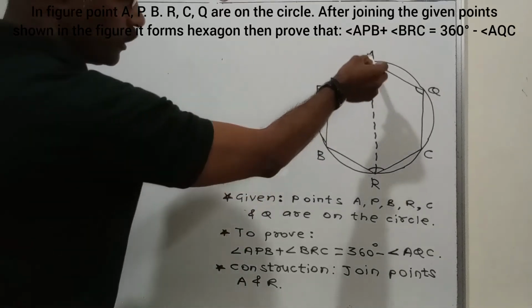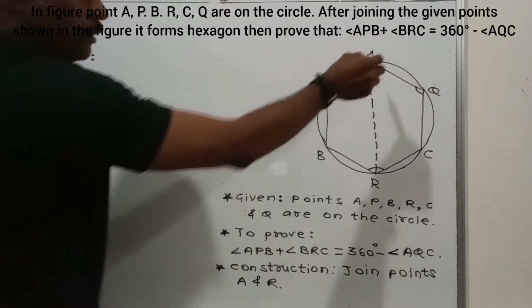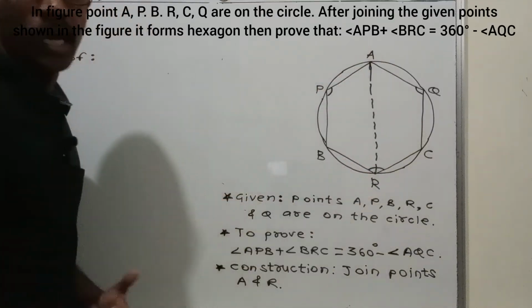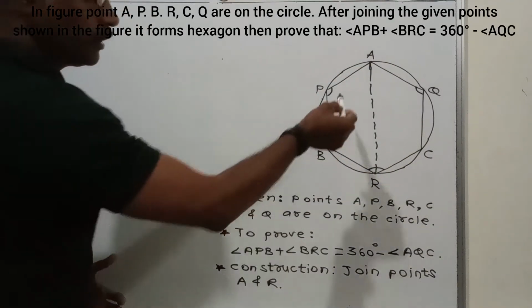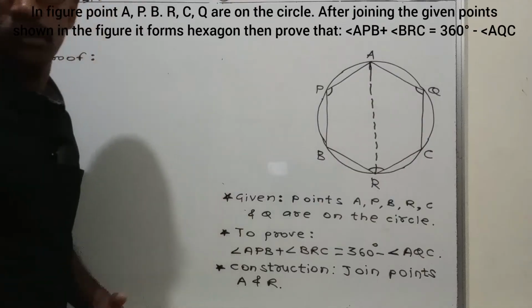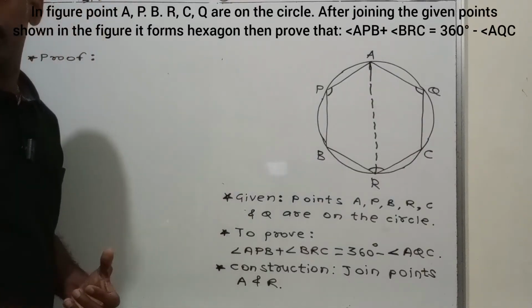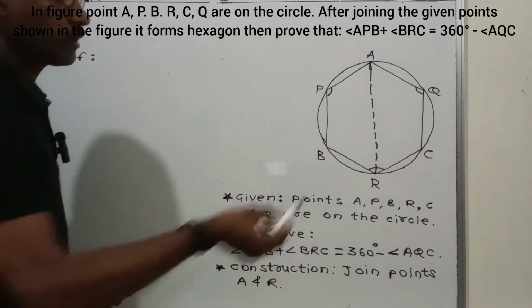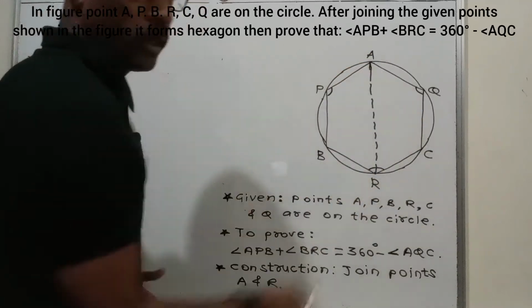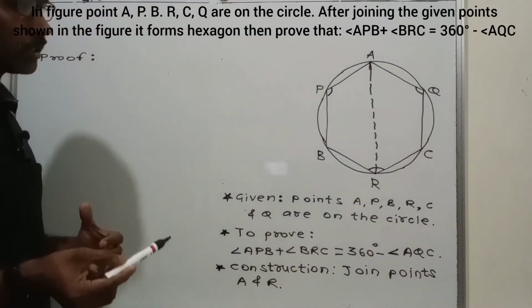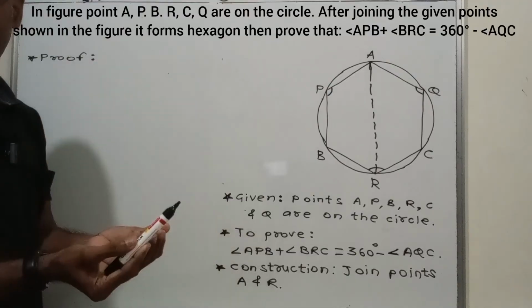Now after joining this point A and R, we obtain another two quadrilaterals. Means this hexagon APBRCQ inscribed in a circle.